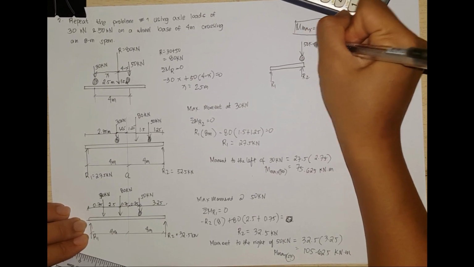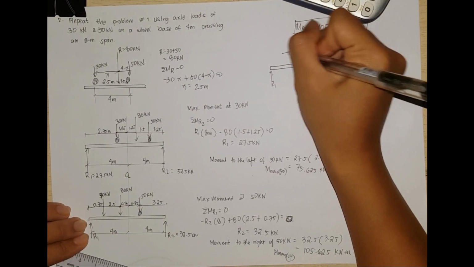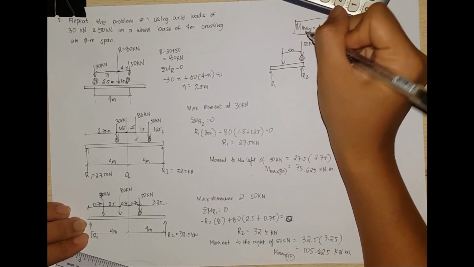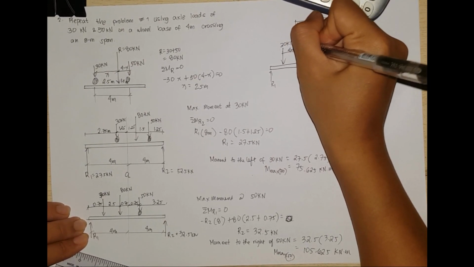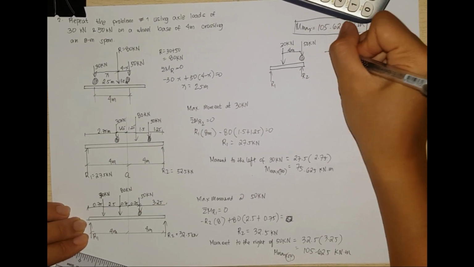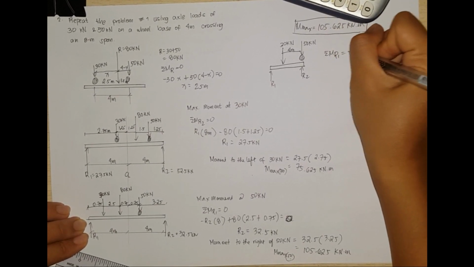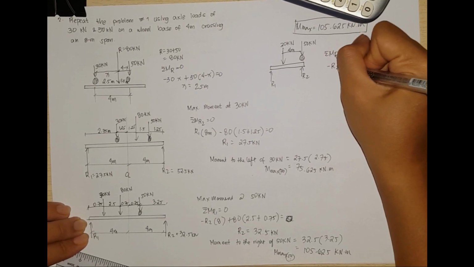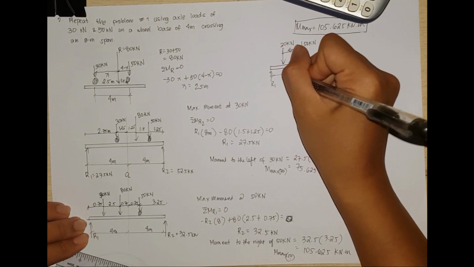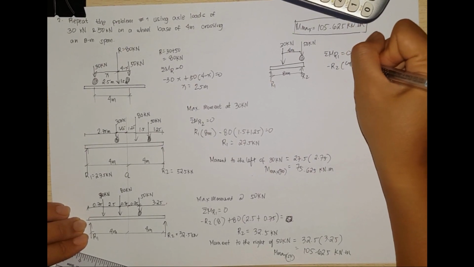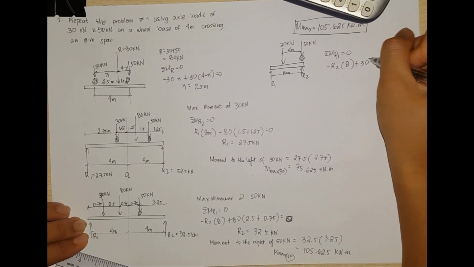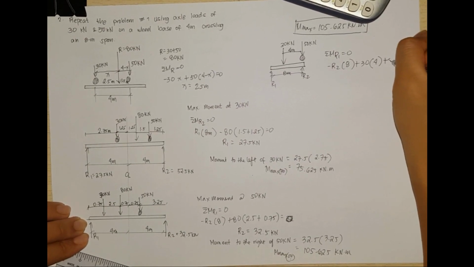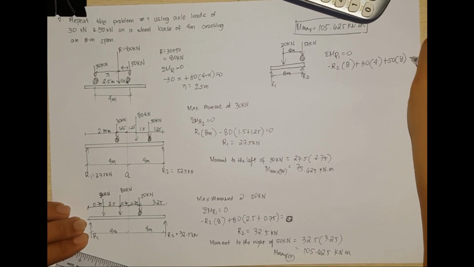So this is 50 kilonewton, and then we have 4 meters bago mag 30 kilonewton. Taking the summation of moment at R1 is equal to 0, we have a negative R2, yung distance nito is 8 meters, negative R2 times 8 plus 30 of 4 meters plus 50 of 8 meters is equal to 0.